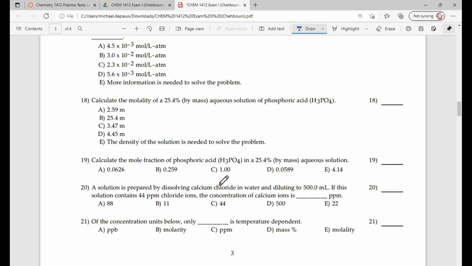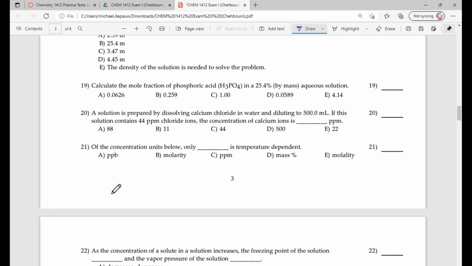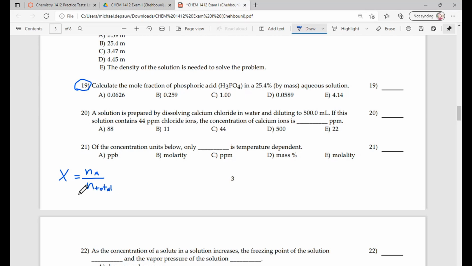In this case, mole fraction: it is the moles of a particular substance A divided by the total number of moles in the solution. That is the mole fraction of A.